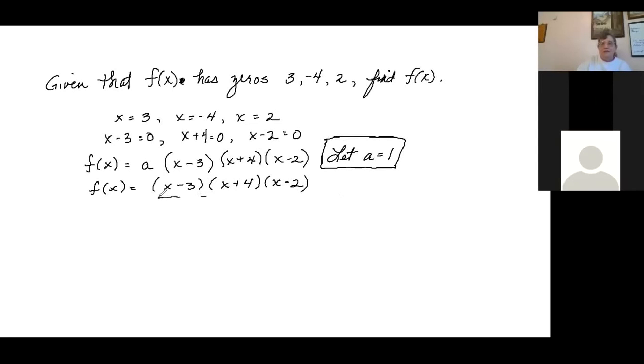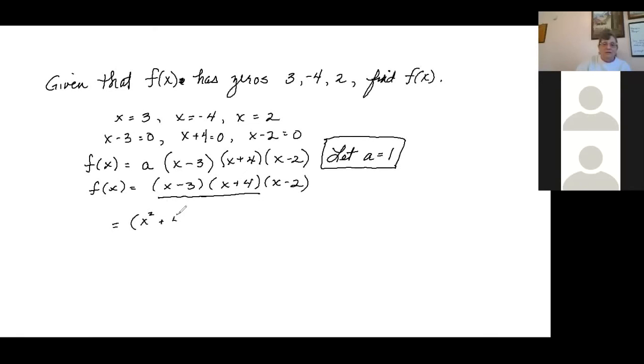So pick any two of these to multiply together. You can't multiply all three of them at once. So if I FOIL this out, I would get x squared plus 4x minus 3x minus 12, still times x minus 2 because I haven't used that.